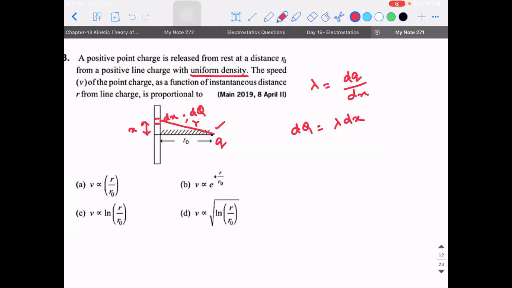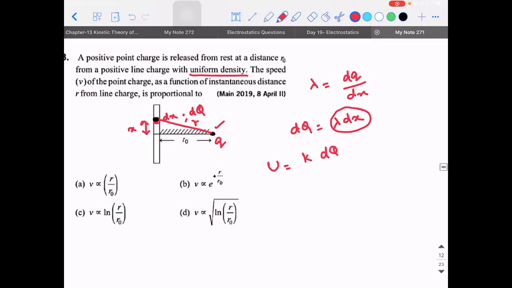Okay. So you know dq is lambda dx. Here you have a point charge, and here you have another point charge. So there are two point charges, and you know the distance between them. So is it possible for us to define the potential energy? What is going to be the potential energy?